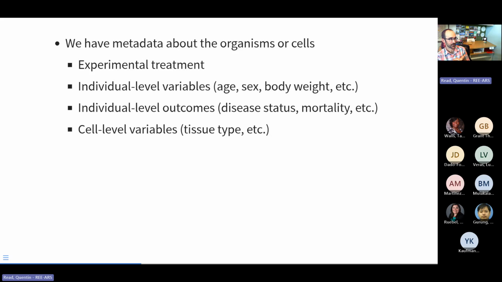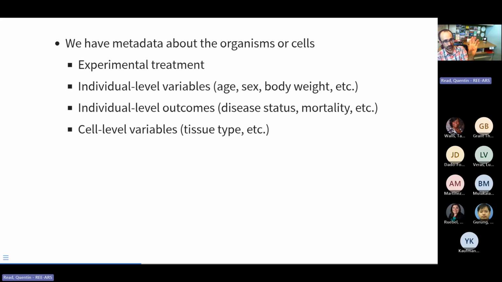And then you also have other covariates like age, sex, whatever clinical things you measure on your individuals. You also have outcome variables, like if you're concerned with the presence or absence of some disease or whether the organism died or whatever. Those are things you could try to correlate with your omics data.